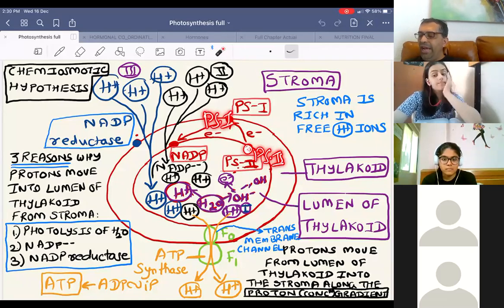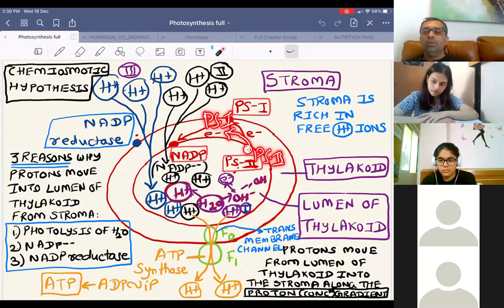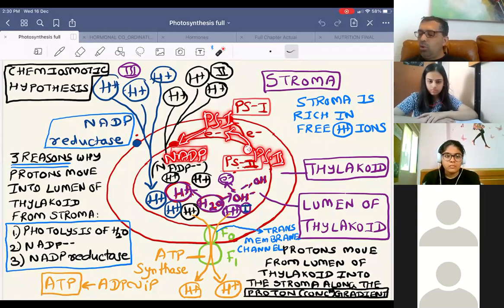Now, electrons are going from PS2 to PS1, and from PS1 they are going to NADP. Clear with that? Now, where is the energy getting trapped? When the protons are returning back, they will pick up energy between cytochrome B6 and cytochrome F.